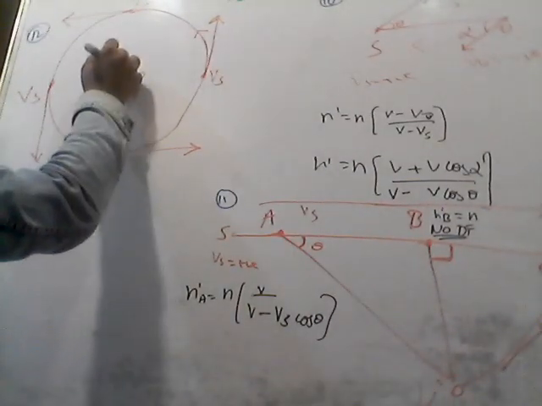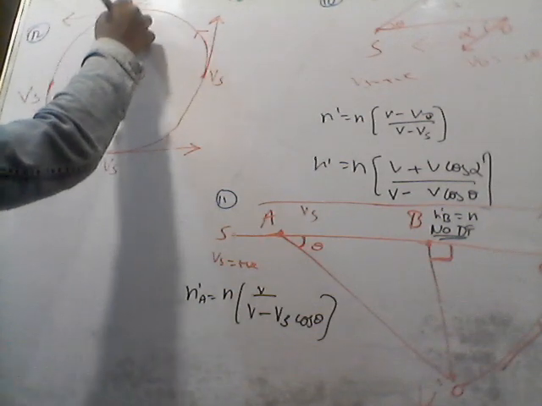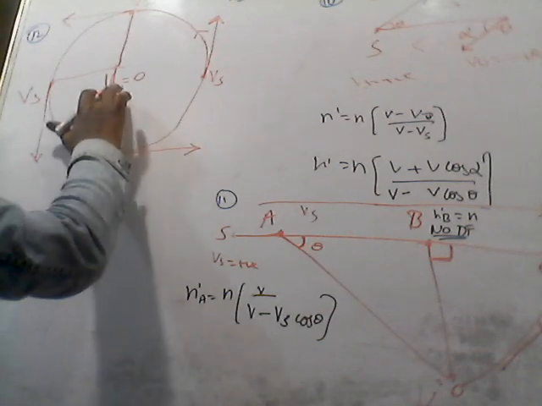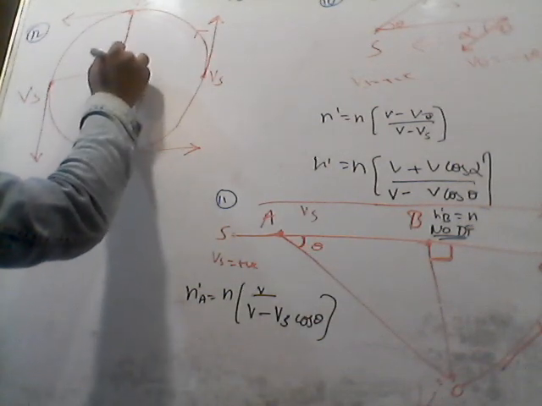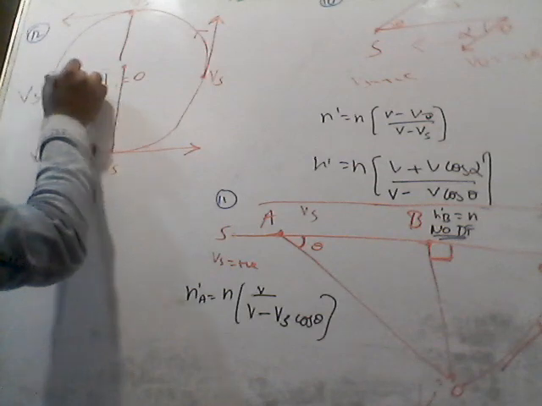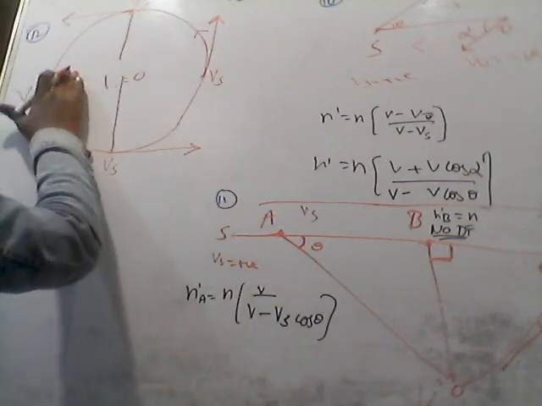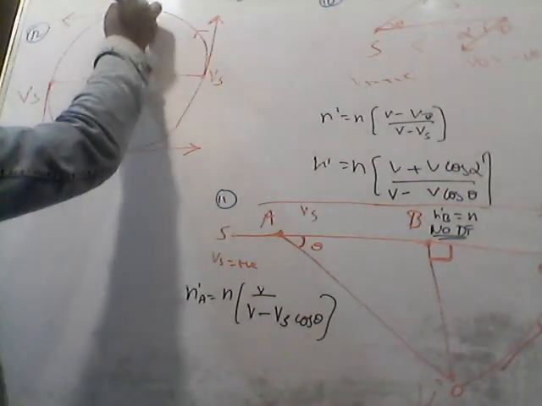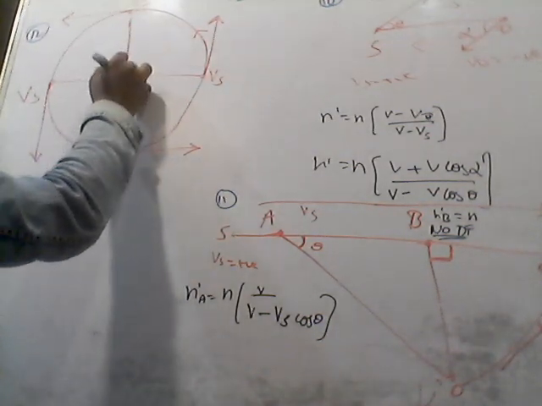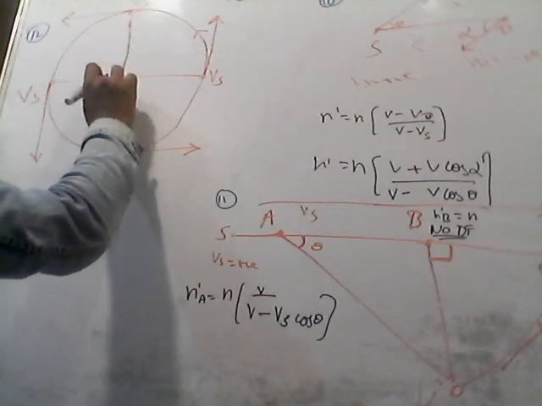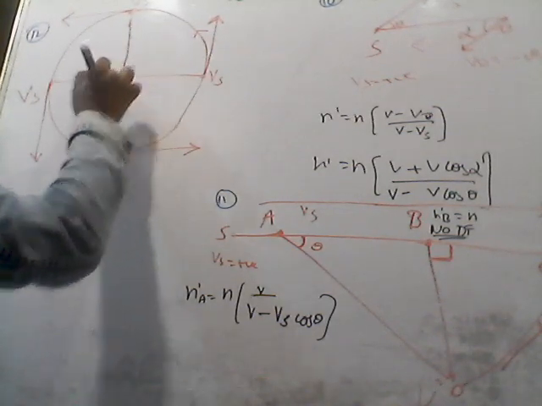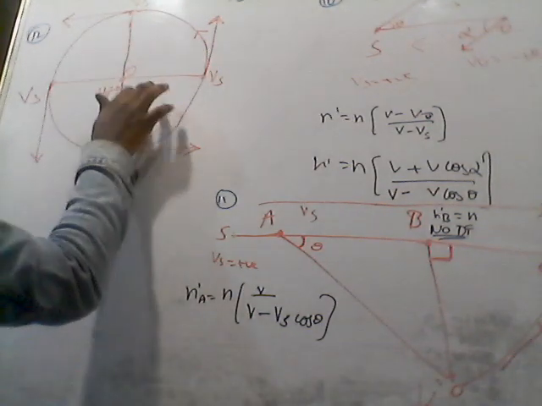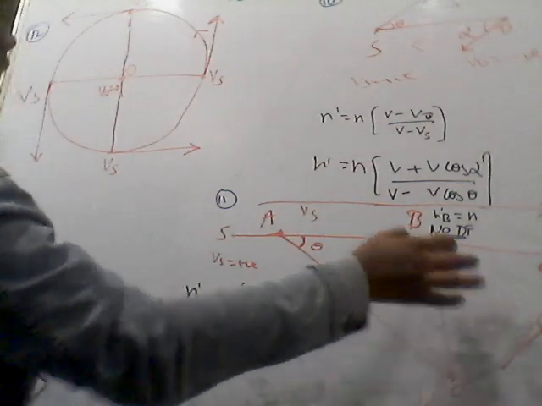Now when the observer is here, the source is here. The observer is present here, who is at rest. So can I say this case is related to case B?